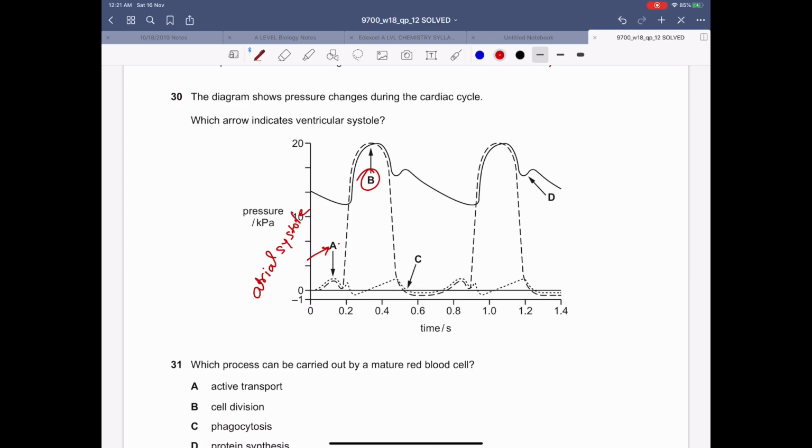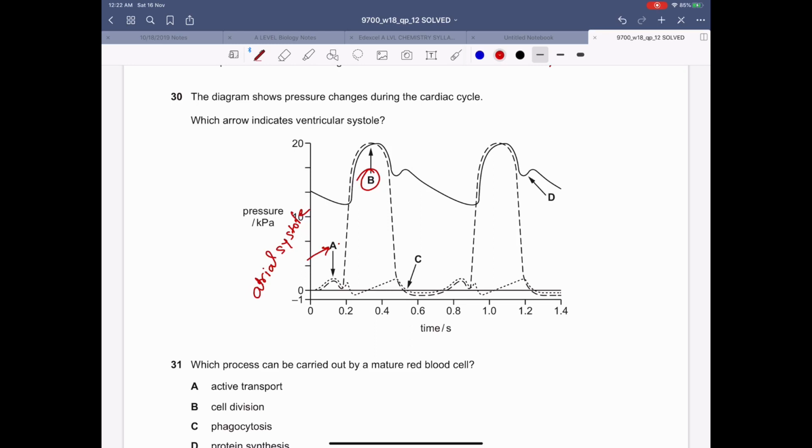It is not option C because option C indicates ventricular systole, ventricular diastole, and atrial diastole both. It is not option D because that indicates shutdown of the semilunar valve. So option B it is.